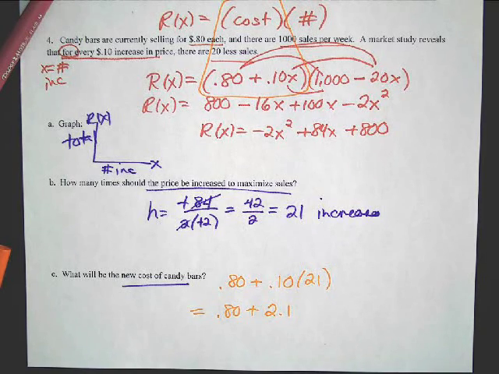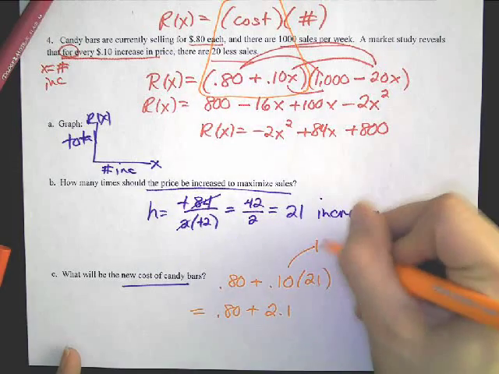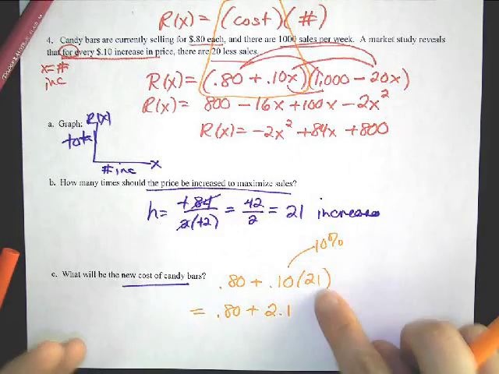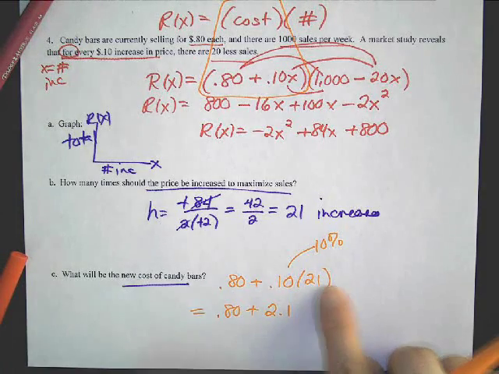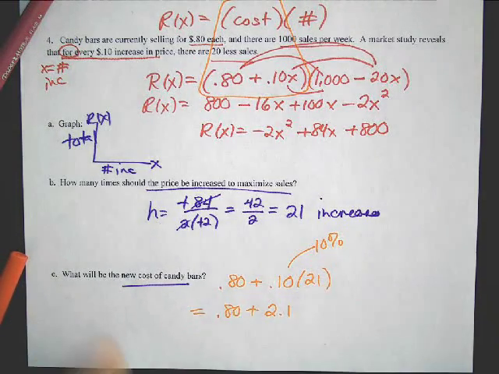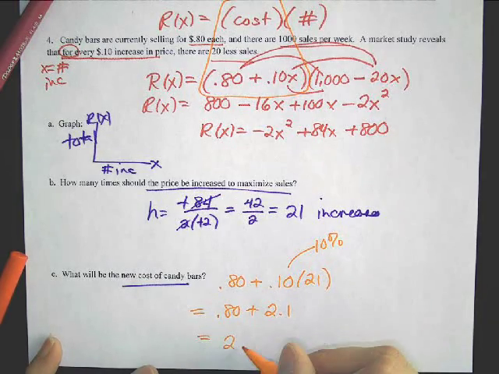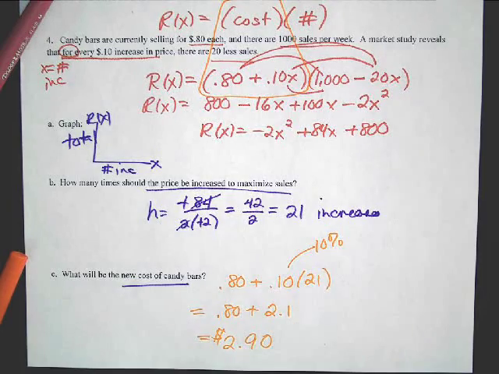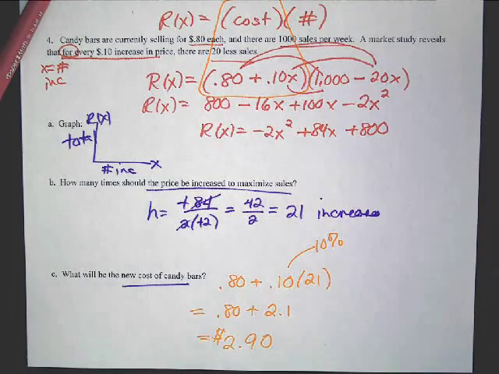Isn't 0.10 like 10%, people? When you go to the store, they say take 10% off. Don't you just move the decimal over one time? $2.90. Who would buy the candy if it was $2.90? All the rich people.